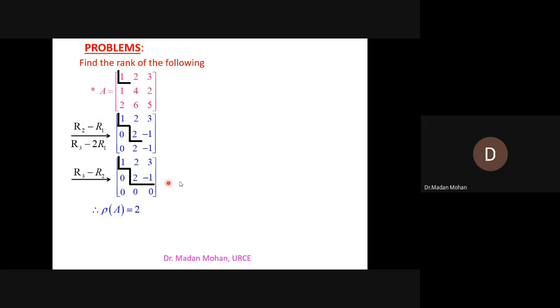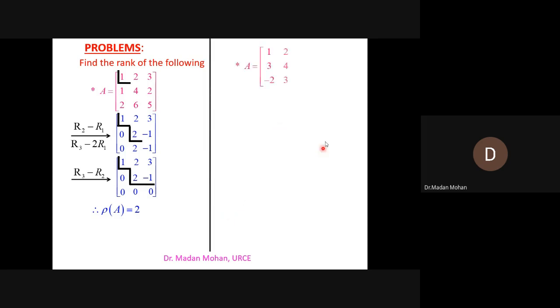One matrix obtained from the other by a sequence of transformations, then those are equivalent. If two matrices are equivalent, definitely their ranks are the same. We know the rank of this one, since it is an echelon form, so its rank is 2. The rank of the middle one is also 2, because these three are equivalent to one another. Okay, next.